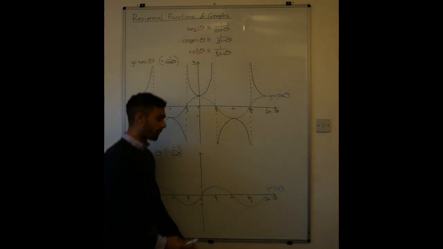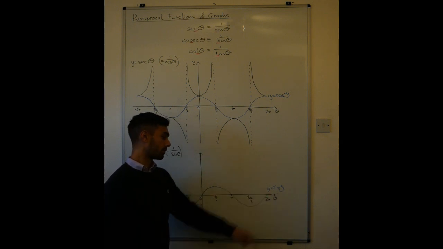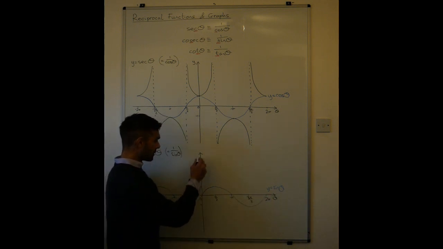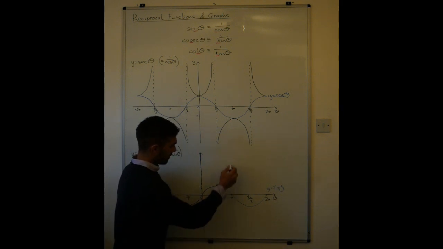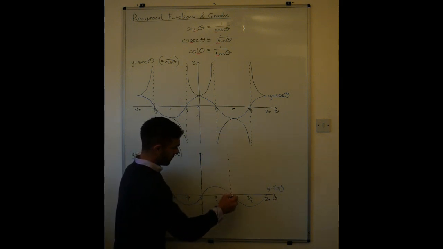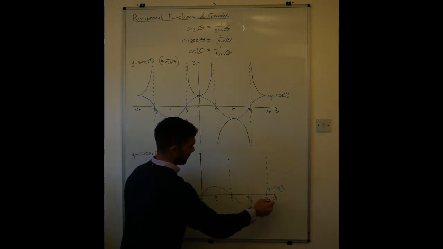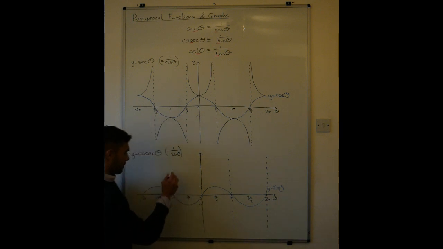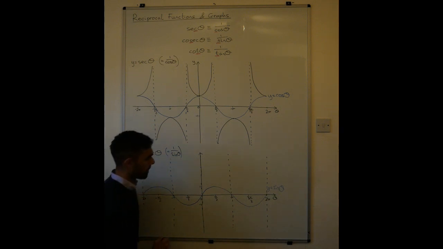First of all, wherever sine is 0, cosec will have an asymptote. So I'll put my asymptotes in. There we go.